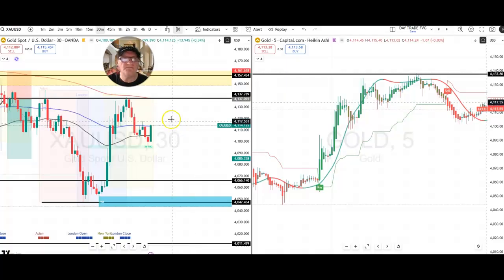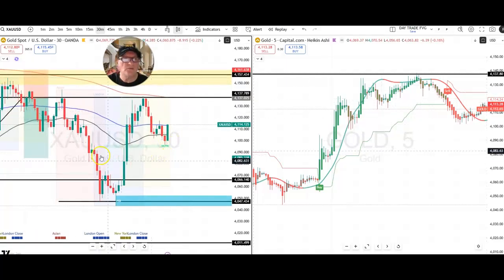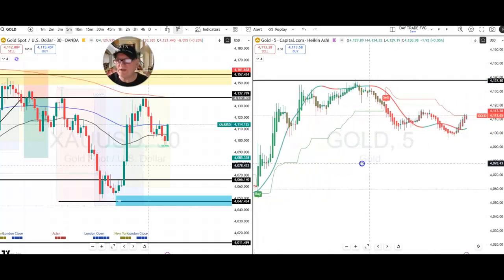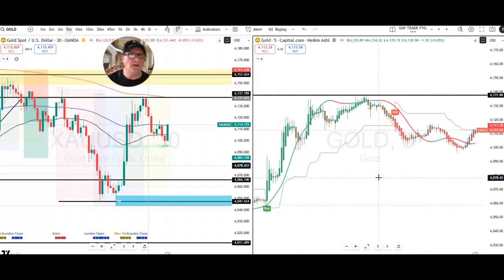However, it's best to go along with the daily bias, which helps you, along with liquidity zones, previous highs of Asian sessions, London sessions, and New York sessions. So hopefully that's helpful in terms of trading gold using liquidity.